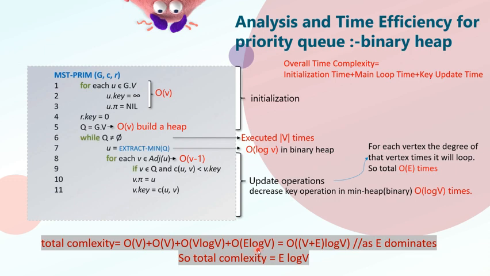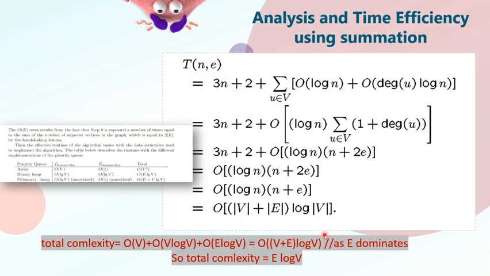Of course, we're going to choose the larger value. In this case, E dominates the value as it's so much larger than V. So the total time complexity is equal to E log V. And here you can find that we reached the same result using the summation.